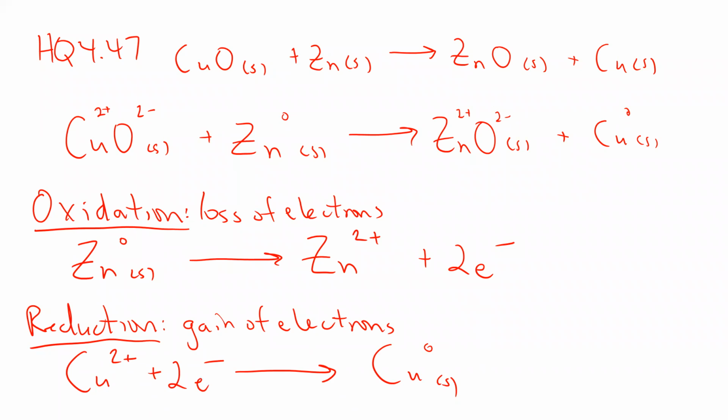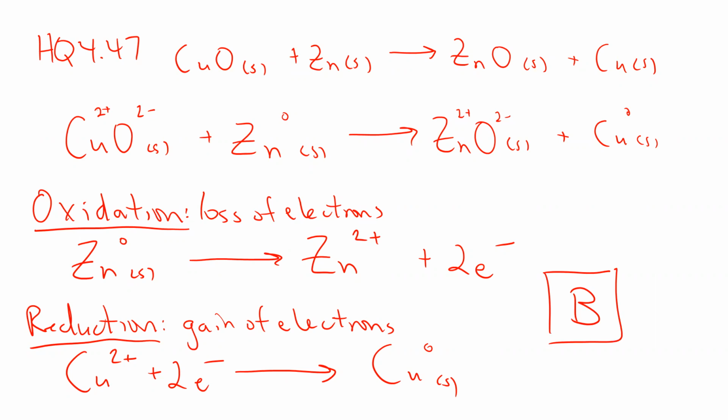So the oxidation state change for copper: copper went from 2+ to 0, by gaining 2 negative electrons. So for question 47, I would say choice B is the correct answer. It gained a charge of -2. You go from +2 to 0 by gaining 2 electrons.